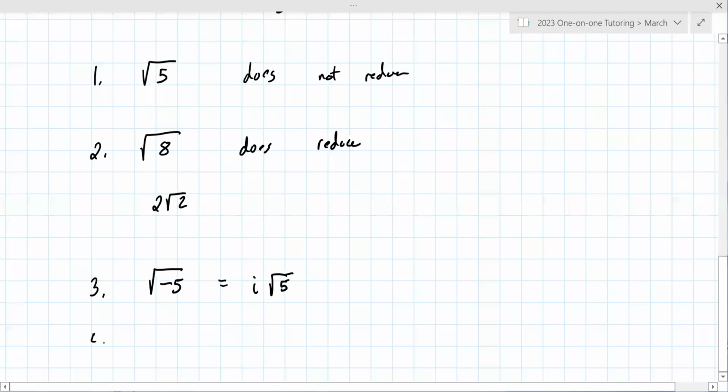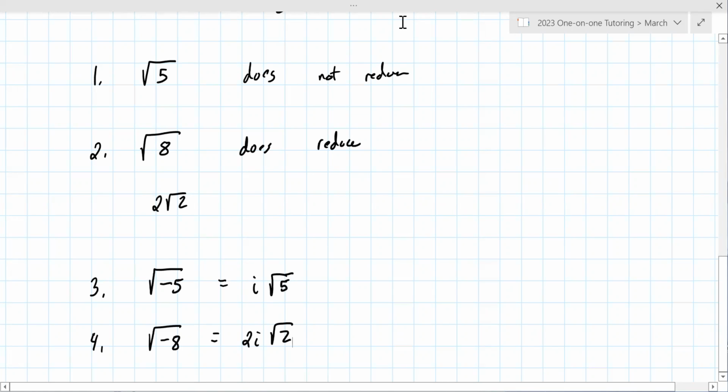And then there's also a case where it's the square root of -8, which would be 2i square root 2. The shortcut here is if you see a negative number, you put an i on the outside. You don't try to do anything else but that. And that's totally allowed here.